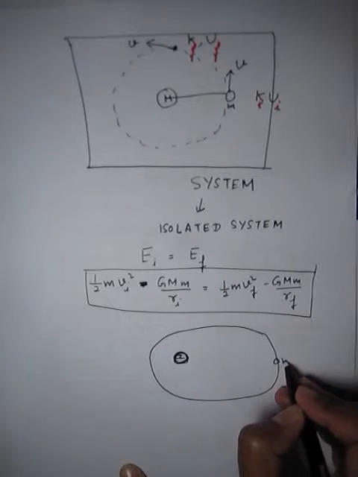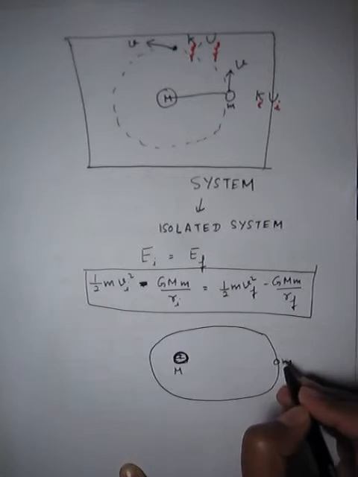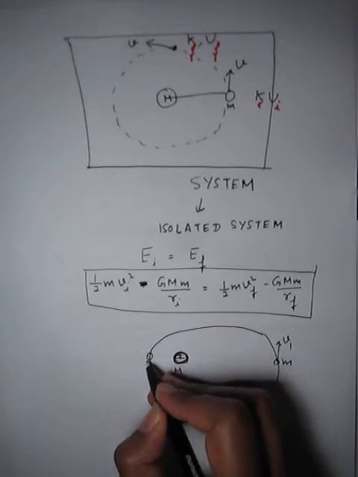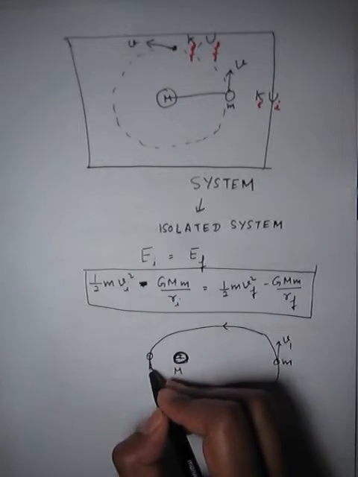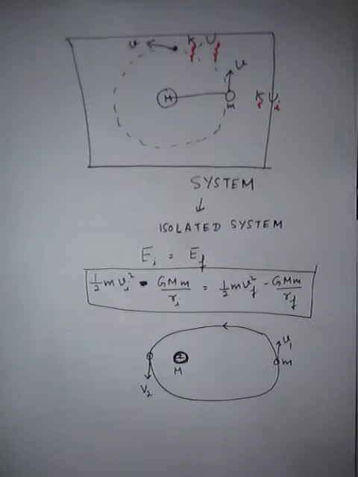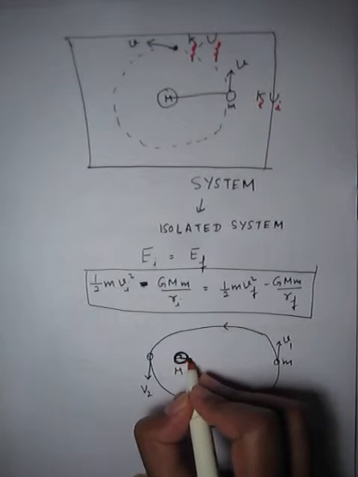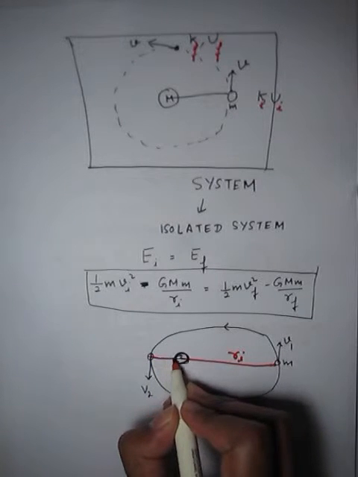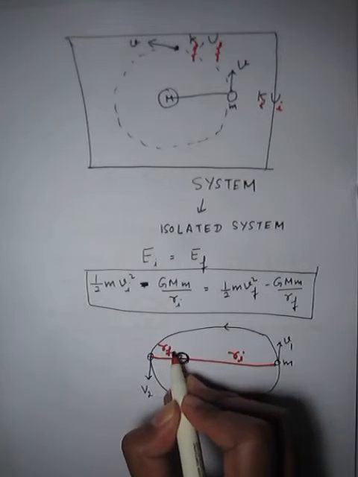And if small m is here and capital M is here, at this point it has velocity v1, and when it reaches somewhere here it has a velocity of v2, then also it will be valid. So this will be Ri and this will be Rf.